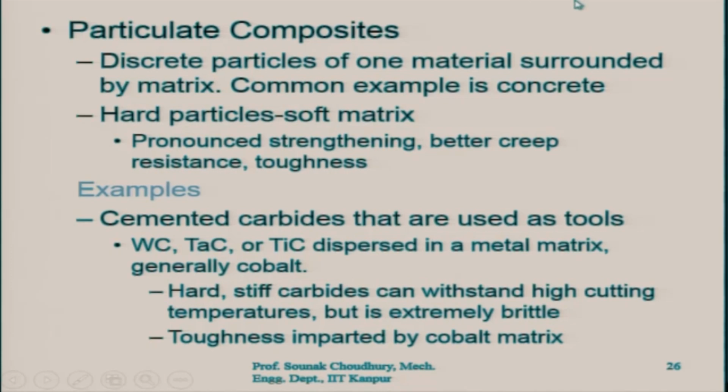Generally the metal matrix used there is cobalt. So, the cobalt matrix and the powders of tungsten carbide, tantalum carbide and titanium carbide give you the unique properties that we have discussed: a high strength material that can withstand shock loads, fatigue and so on.